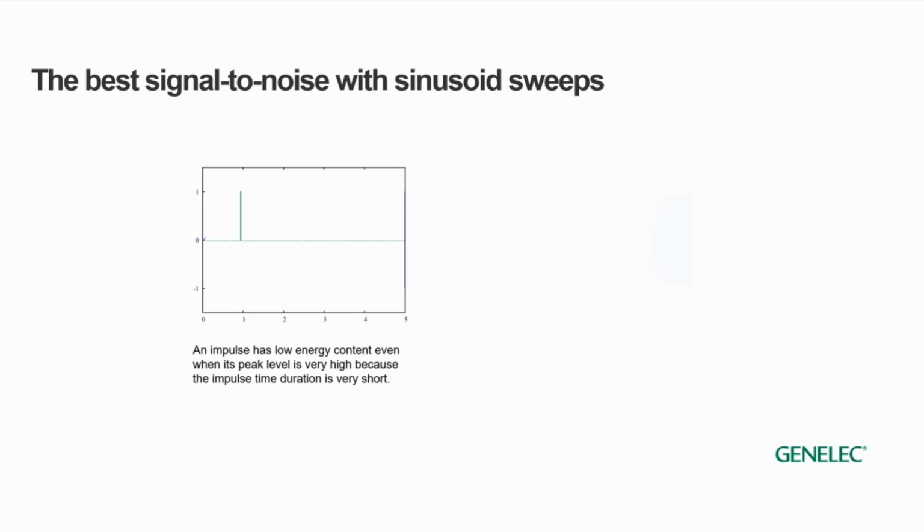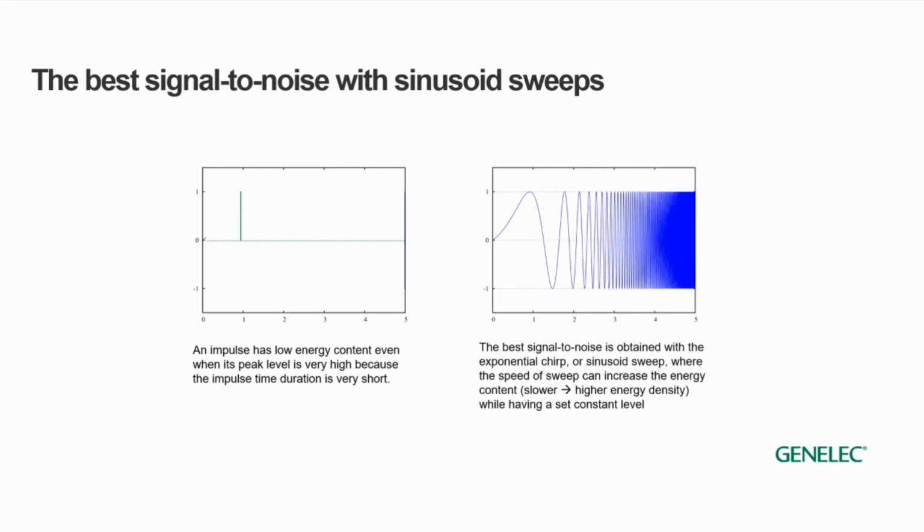Instead of using an impulse, we can also use a sinusoidal sweep that sweeps through all frequencies at the same level. This kind of signal is much easier to handle than a pulse, and it offers also some interesting benefits when we adjust the sweep speed. Keeping the level constant, if we slow down the speed of sweeping, we can actually increase the energy density in this type of test signal.